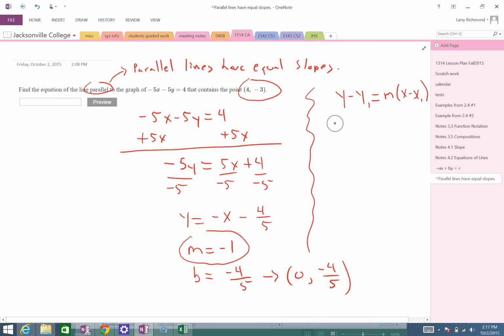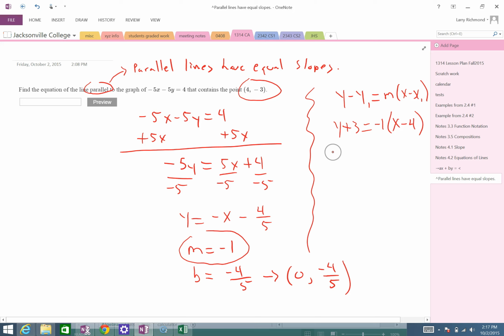Alright, so y minus, our point here is negative 3, minus a negative is plus. Minus y1, well, it's a negative 3. Minus a negative becomes plus. Equals, our slope is negative 1. X minus x1, x minus 4.